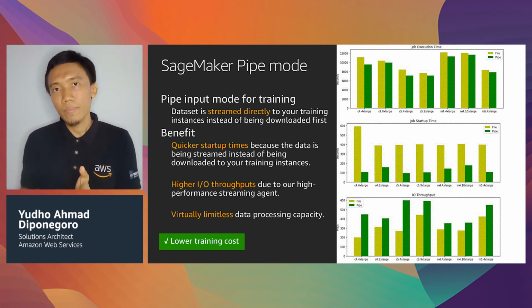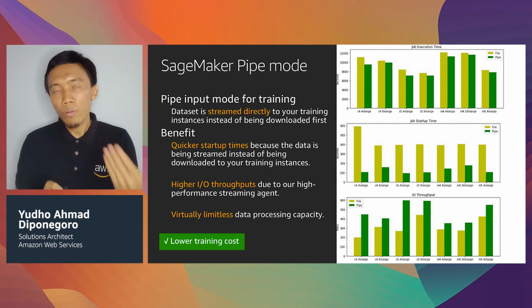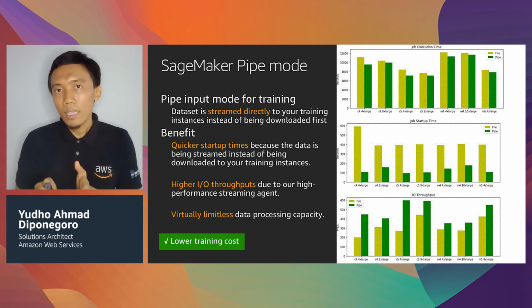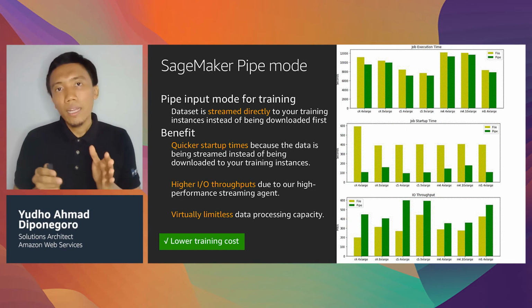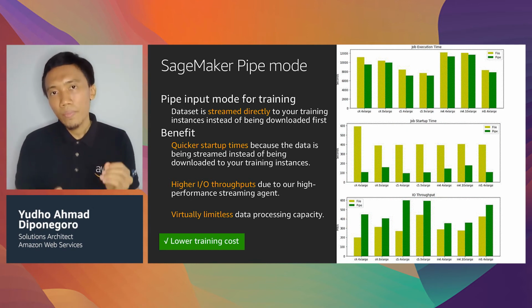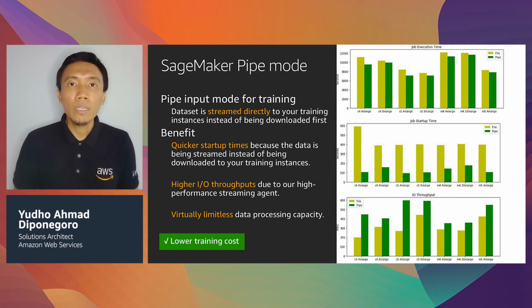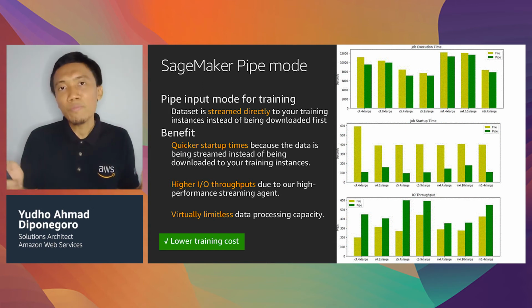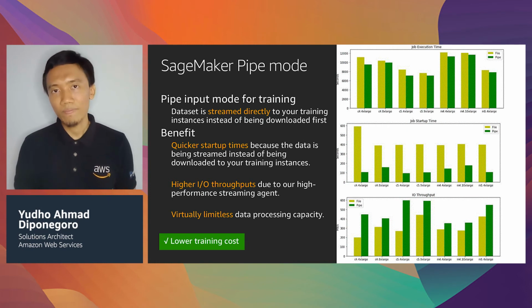This has benefits. First, your training job can start more quickly. Secondly, your I/O throughput will be higher. The third thing is that you will have higher processing capacity as well. This will translate into lower costs because the overall training time will be quicker, so the cost will be less as well.